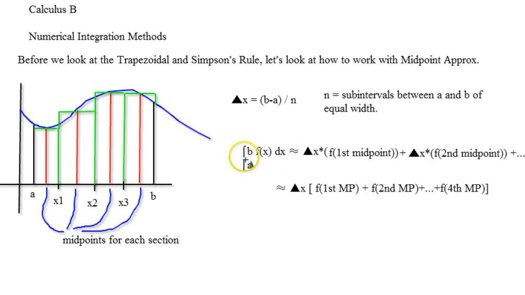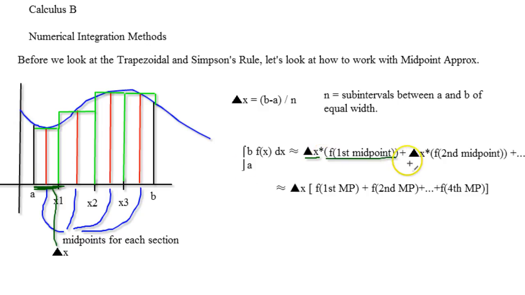Okay, so if you remember, each one's a rectangle. Delta x would be the length of each one, so it's this length right here. Then you multiply it by the height, and the height would be what if we took the first midpoint and plugged it into the function?